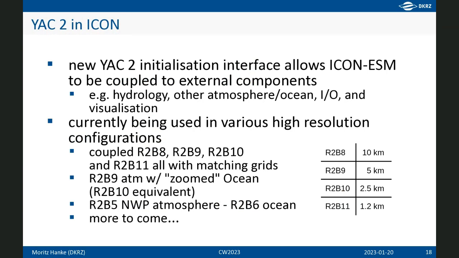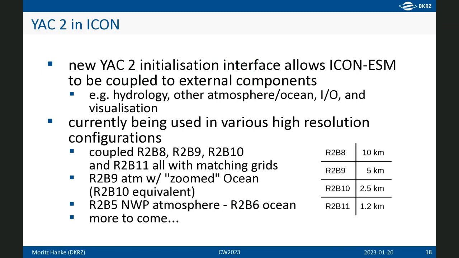There are various high resolution configurations at the time. On the right hand side you see for the ICON grid names the respective grid spacing, and a typical setup is, however, with matching grids at ocean and atmosphere side.